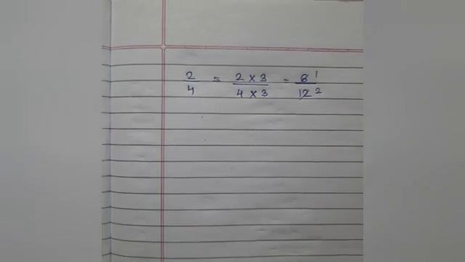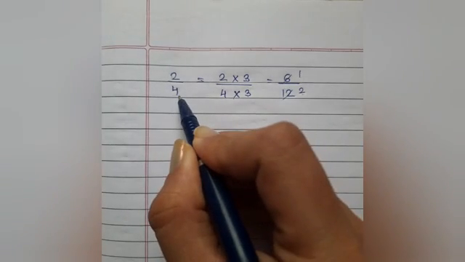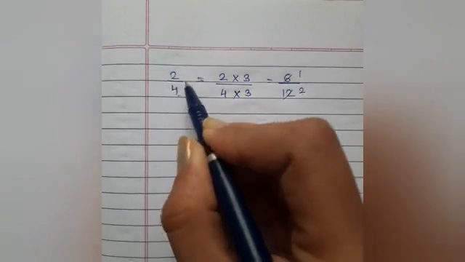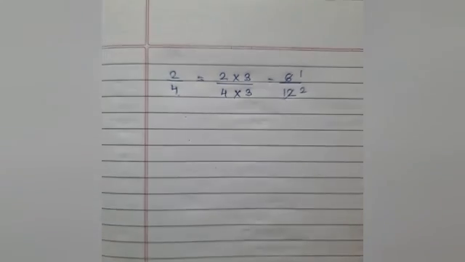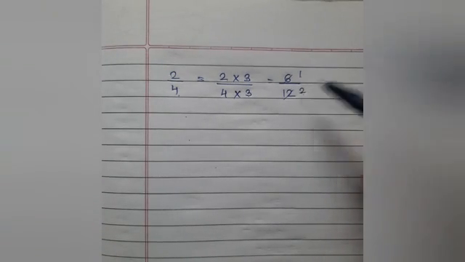So, I can say that the given fraction, 2 upon 4, is equivalent to 1 upon 2. This is called an equivalent fraction.